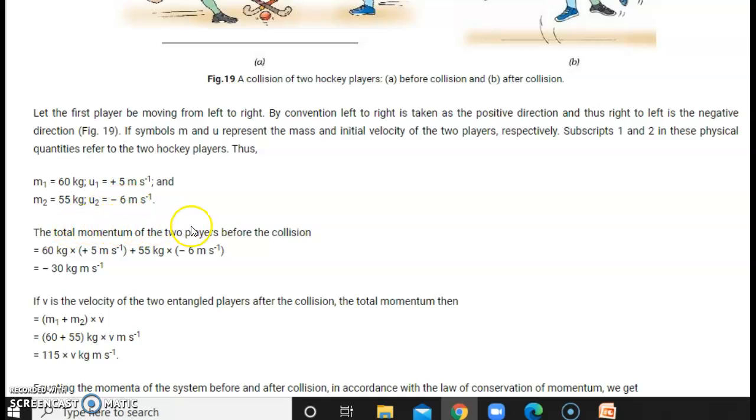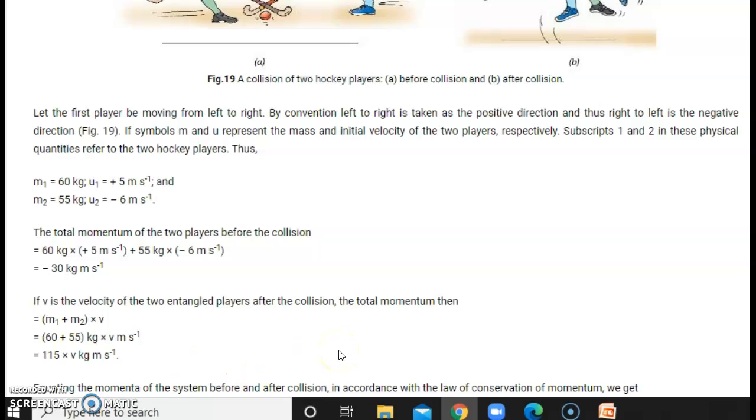So the total momentum of the two players before collision is 60 into 5 plus 55 into minus 6, that is minus 30 kg meter per second. If v is the velocity of the two entangled players after collision, the momentum is m1 plus m2 into v, so 60 plus 55 into v, that is 115v.